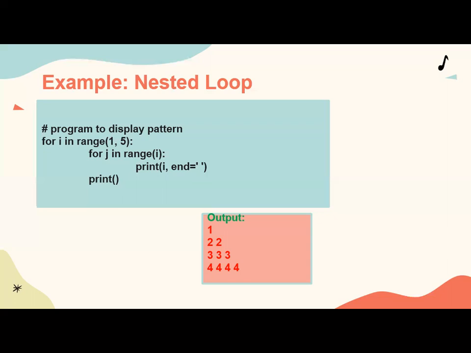That is, first one time, next two times, then the third row three times, after that four times. Therefore, the inner loop should iterate row-number times and print the number i in each inner loop execution. Once the row is printed, a new line should be printed. For that purpose, the end argument is used.